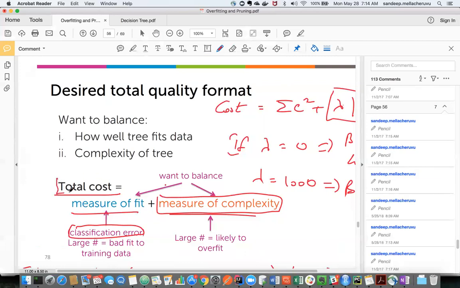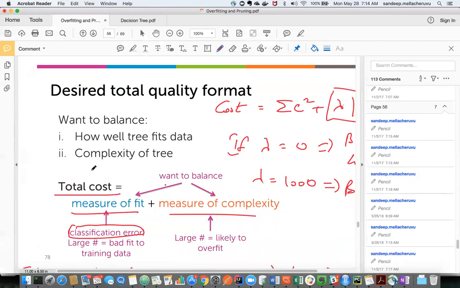That is going to be your total cost, and you want to minimize your total cost. You want to minimize the complexity of the tree as well as the measure of fit, which means the error. Minimize the error, minimize the complexity. If you do both of them, then you are done with your decision tree pruning.